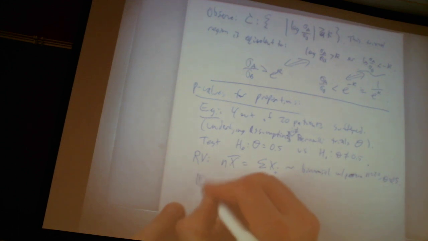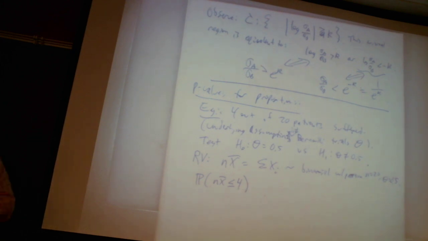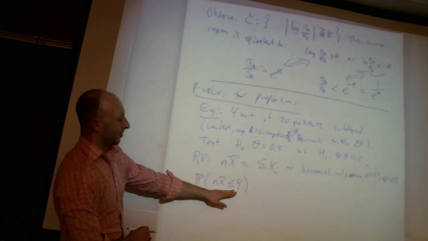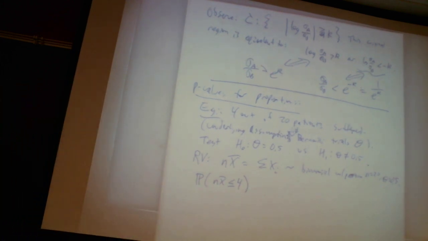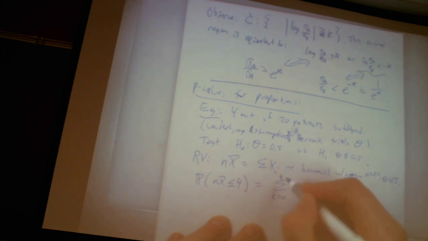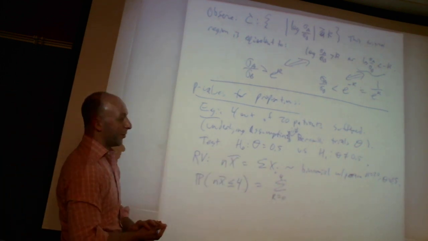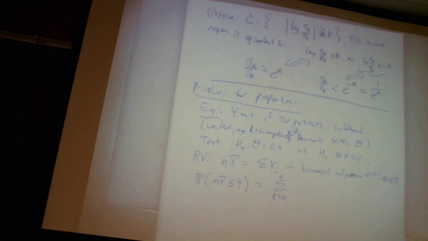So the probability that our variable took on such a small outcome is just a summation, as k goes from 0 to 4, of the probability that you had this many observations of a Bernoulli random variable, but we know exactly how to write that down.